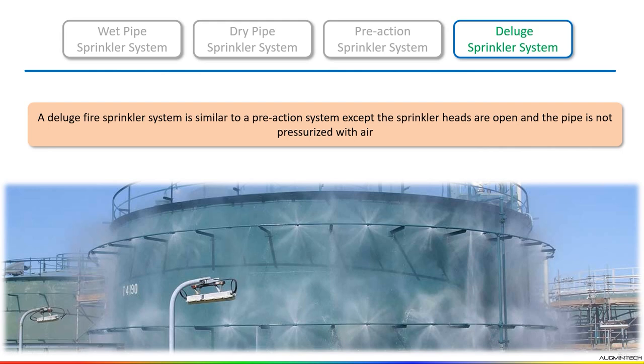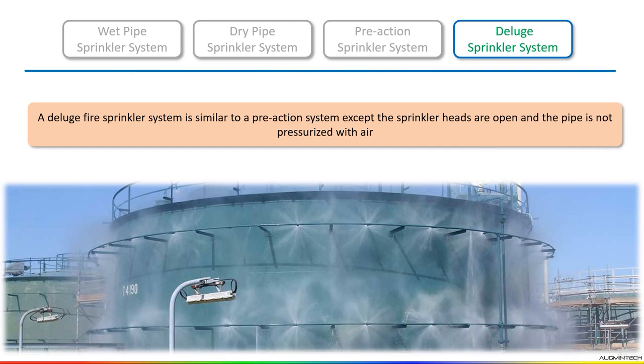So in short, if I explain to you about this deluge sprinkler system, remember here some points for identifying it. First, the sprinkler which we are using in this system is of open type. Here in this system, pipes are empty, and the fire alarm initiating device connects to a detector.